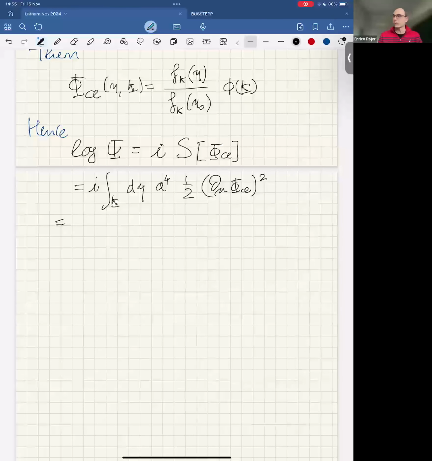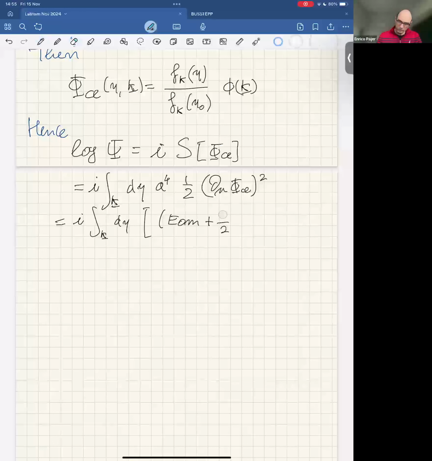It's quicker to do the calculation if we notice that we can integrate this thing by parts, and we can write it as the equations of motion plus 1/2 the total derivative.